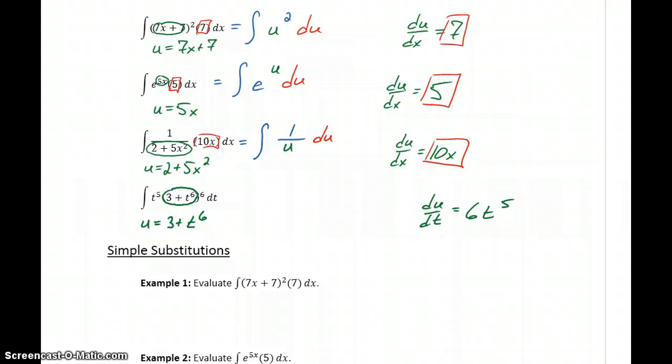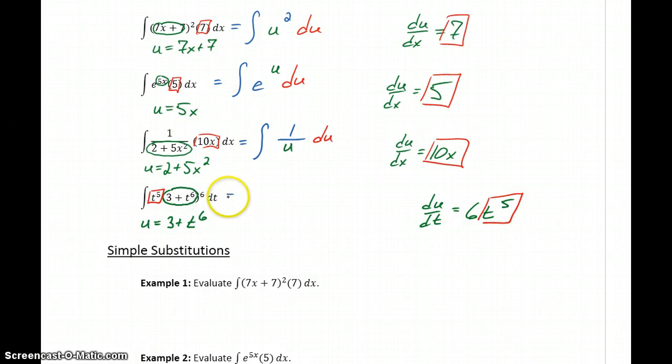So a problem like this is going to end up being a slightly trickier substitution. In each of the previous cases, we've taken the derivative of the expression we came up with for u, and whatever that derivative was exactly matched some other part of our problem. In this case, this t to the fifth is only going to match part of our derivative statement. We're going to have this extra 6 left over. So we're going to have to look at how we end up working with that.